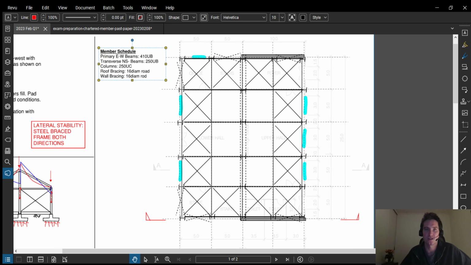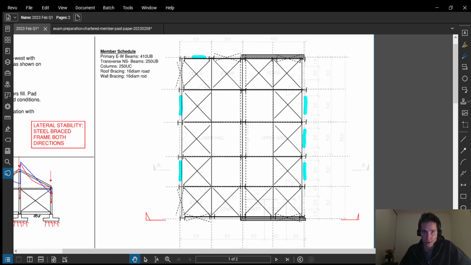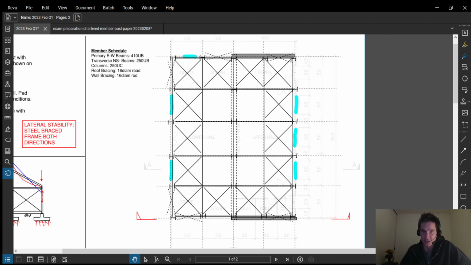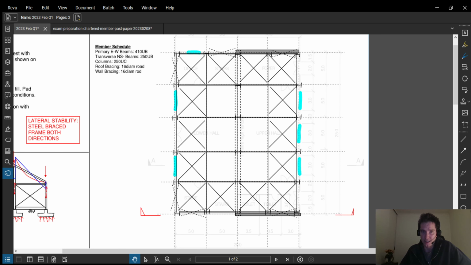So when you come into the exams, make sure that you either bring with you or you memorize some rule of thumbs for different materials and structural elements. That's essentially how I've sized up all of these steel members here. So in the east-west direction, spanning 10 meters, I got the 410 UB.